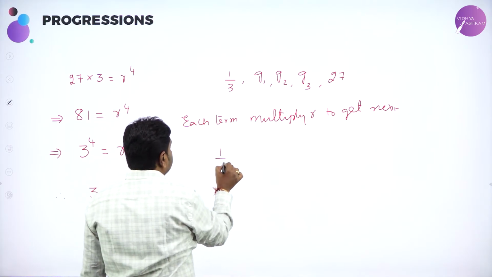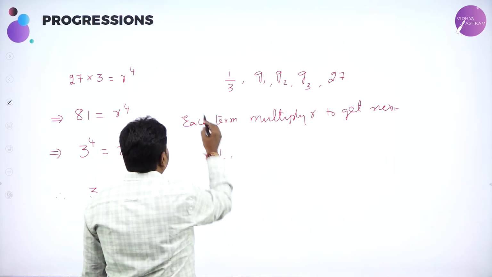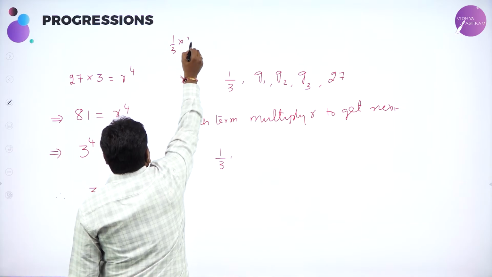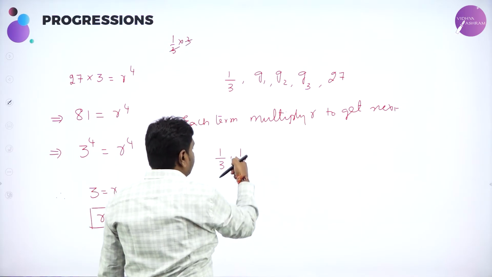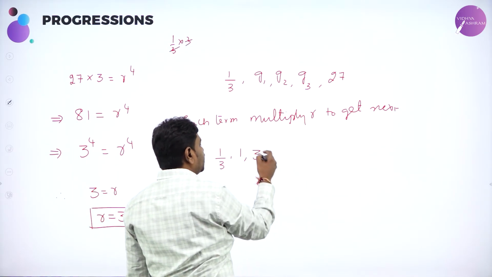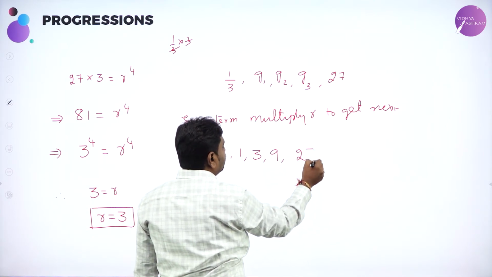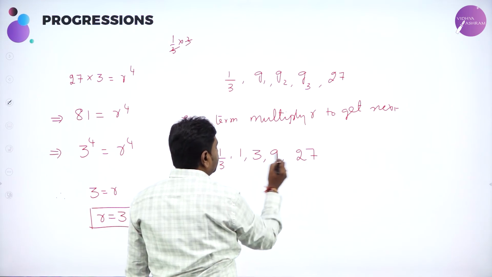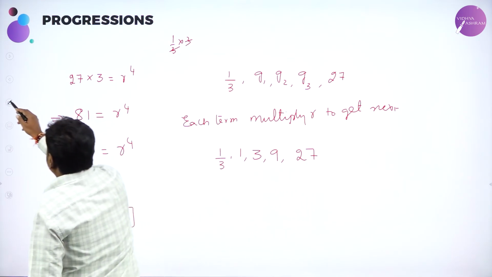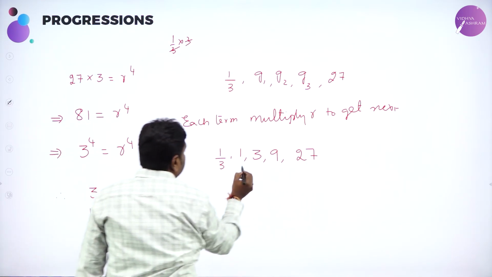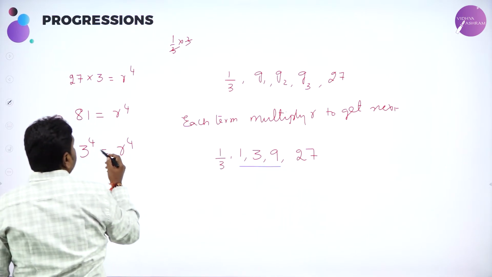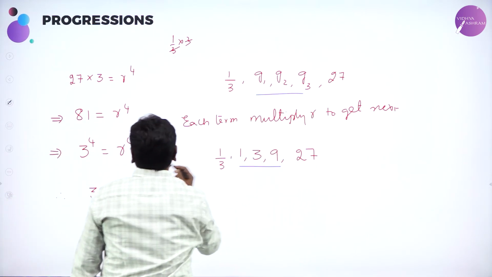So 1 by 3 is there. For 1 by 3, if you multiply 3, the 3 cancels, it will become 1. For 1, if you multiply 3, it is 3. For 3, if you multiply 3, it is 9. For 9, if you multiply 3, it is 27. See, they gave 1 by 3 and 27. In between, we got 3 numbers: 1, 3, 9, which are G1, G2, G3.